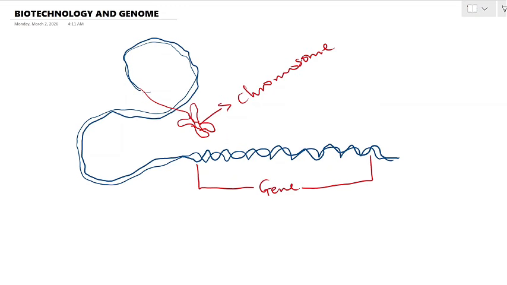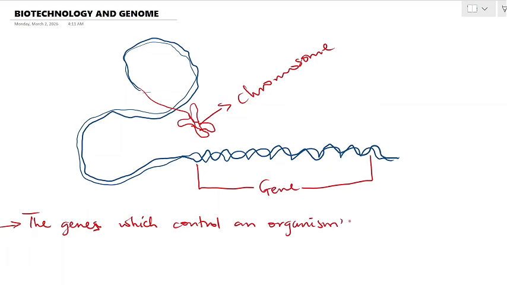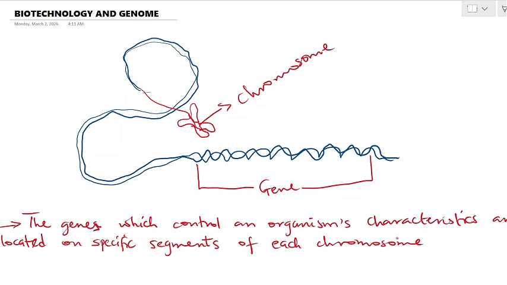So if we note here now, we'll say the genes which control an organism's characteristics are located on specific segments of each chromosome.